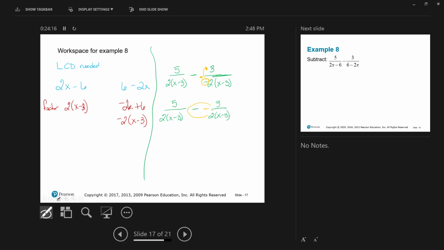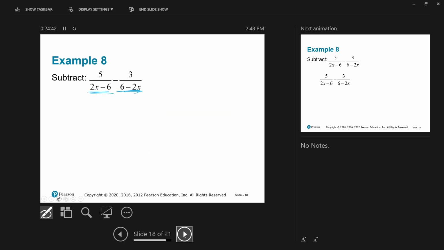Remember what happens with a double negative? It turns out to be what? Yeah, that's right. That turns out to be positive, which actually means this addition or subtraction problem wasn't really a subtraction problem. The subtraction problem is really an addition problem, and these were the two fractions I was supposed to be adding.